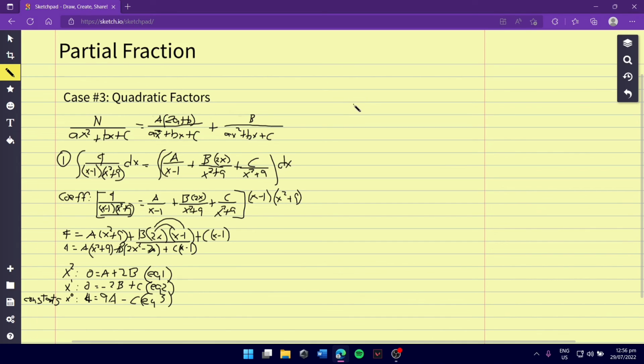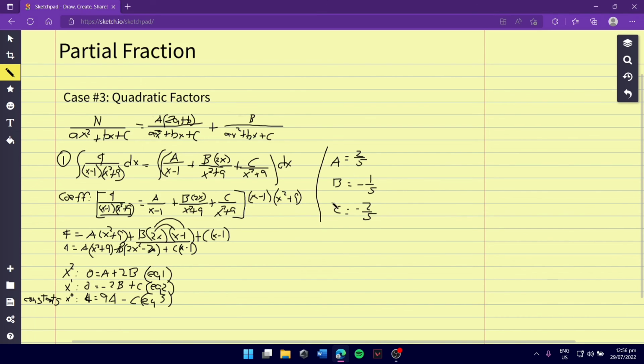So using the calculator, A is equal to 2 over 5, and our B is equal to negative 1 over 5, and then our C is equal to negative 2 over 5.